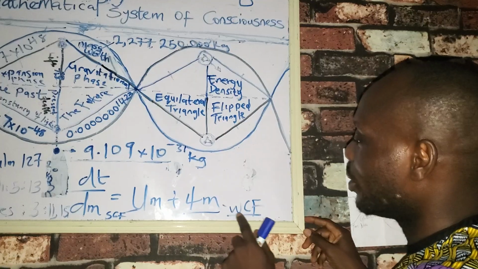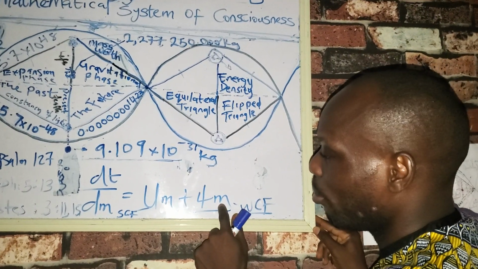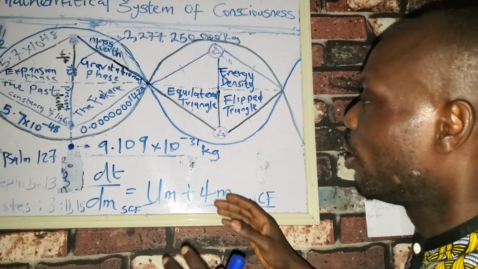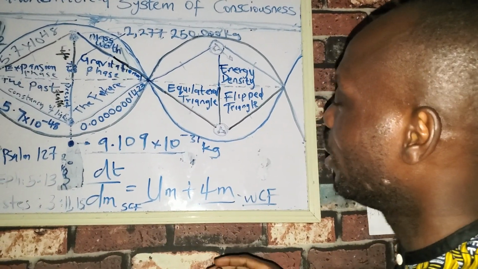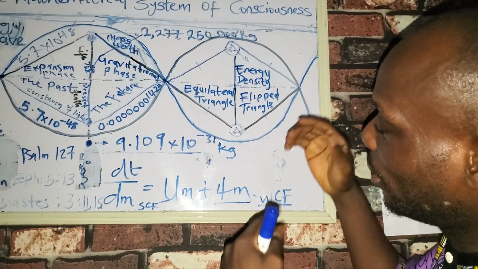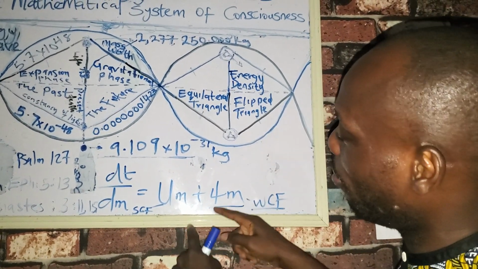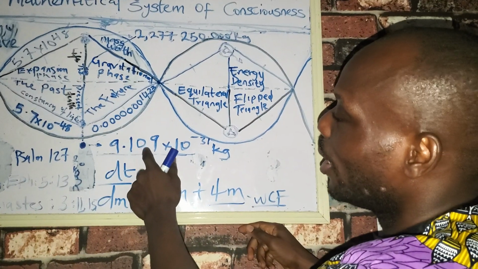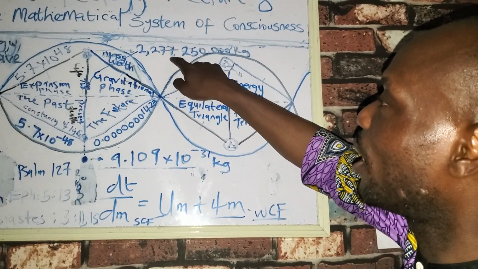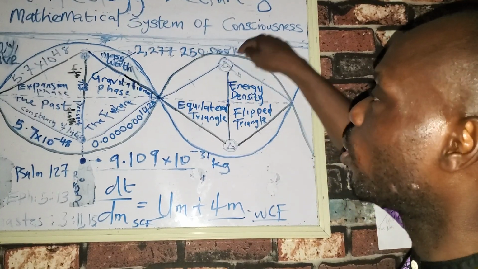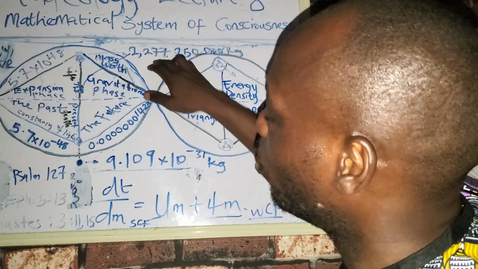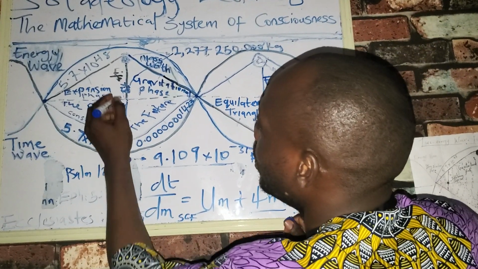If we put that in the place of this M and in place of this M, it will give us the classical mass worth, the classical counterpart of this electron's mass worth, and that will be 2,277,250,000 kilograms. Now, this classical mass worth is situated here.